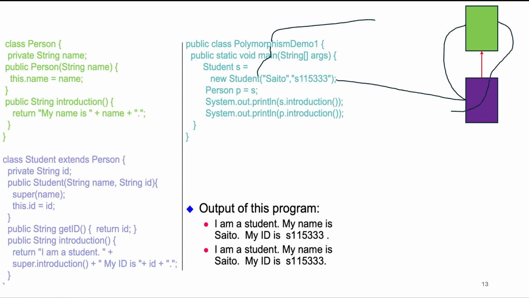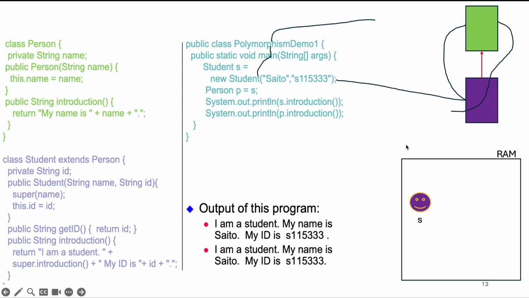It performs the necessary steps in the child class and comes out. Once this has been done, in the RAM we create an object s whose name is Saito and ID is S1153333.